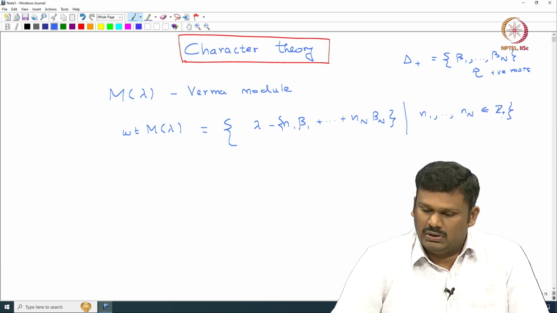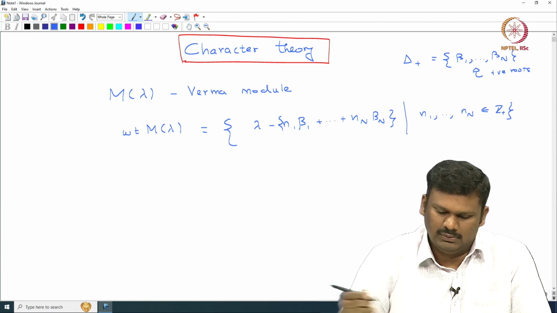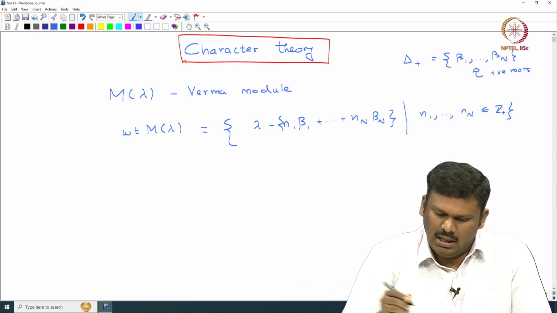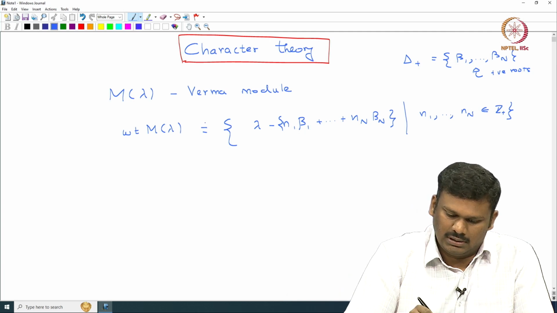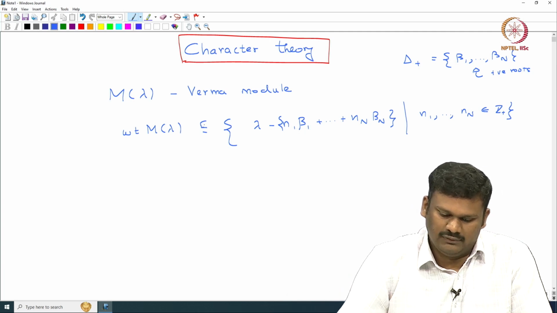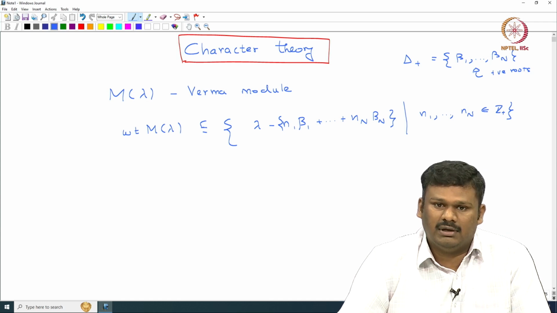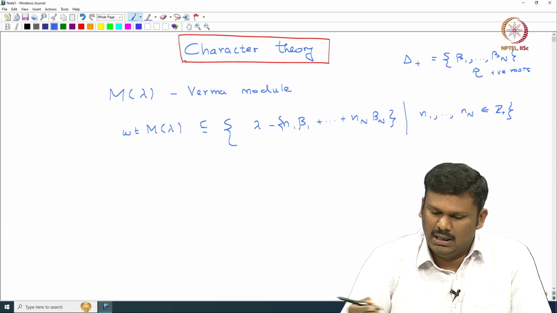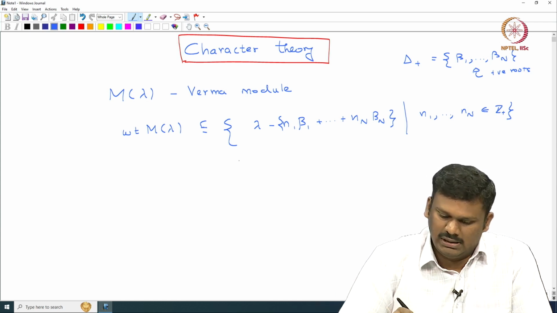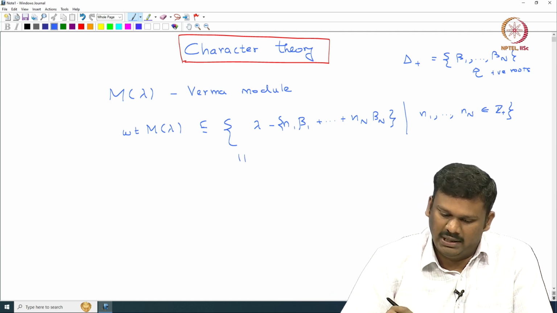So, this is something that actually follows from the PBW theorem. We will make this precise, but for the motivation, it is enough to see that the weights of M of lambda are contained in this set. So, this is just a cone that is bounded above by lambda.